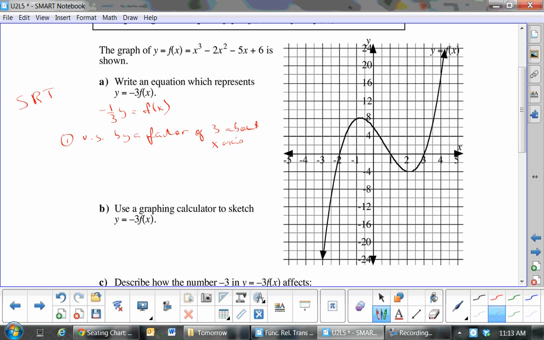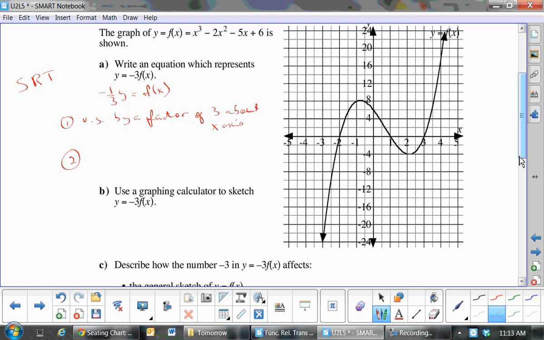And you could say followed by, or just have number 2. Next would be a reflection in the x-axis.